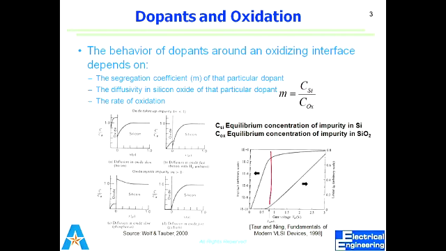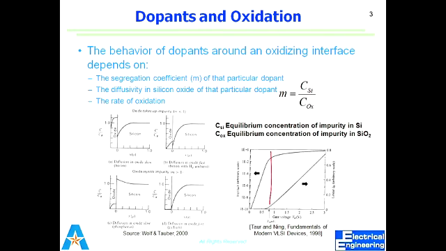Like in the case of phosphorus and gallium, we have M greater than 1, whereas for boron M is less than 1. So every dopant has its specific property, the segregation coefficient. In the case of phosphorus, M greater than 1 means the dopant would be higher in silicon as compared to in silicon dioxide.